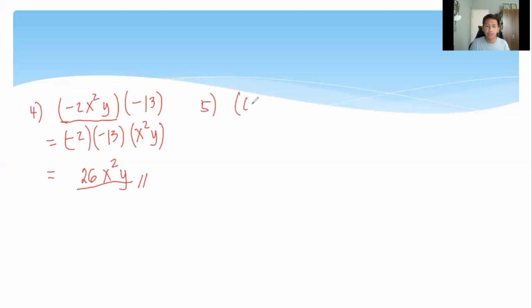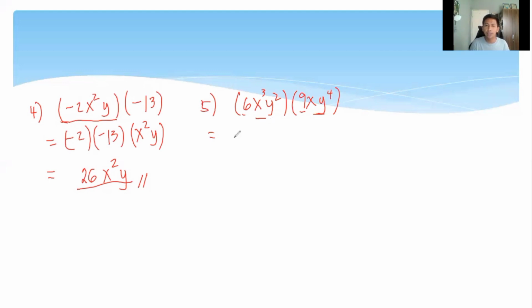Next, another example, we have the quantity 6x cubed y squared multiplied by 9xy raised to 4. Recalling the rules, under multiplying monomial by monomial, we have to multiply first the numerical coefficients together, followed by the literal coefficients together.